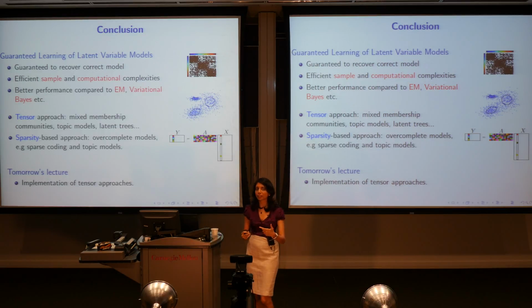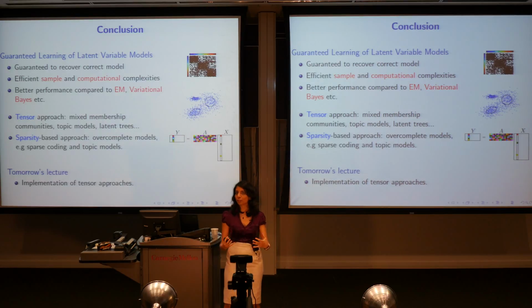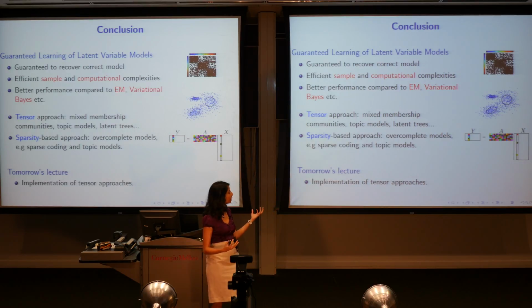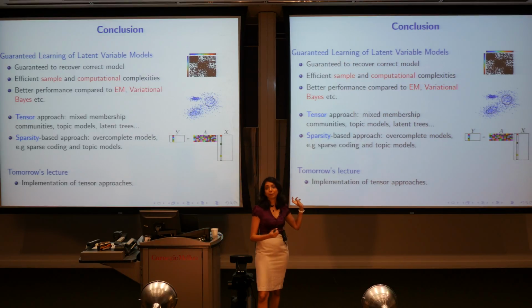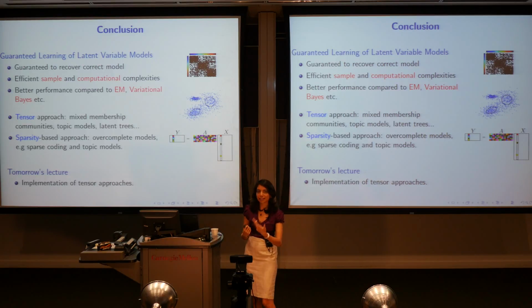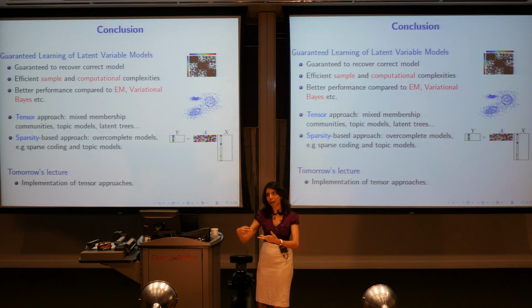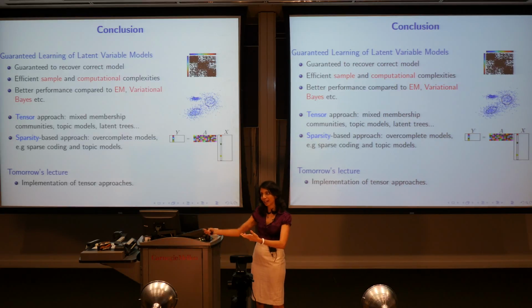And today I talked about this optimization viewpoint, where we can think of recovery of these components as being local optimizers of this Rayleigh quotient form for tensors. And we see that the perturbation analysis is much more delicate for tensors, as well as this issue of restarts. You have to restart many times to go to one of the components when there is noise. So the perturbation analysis is much more involved.